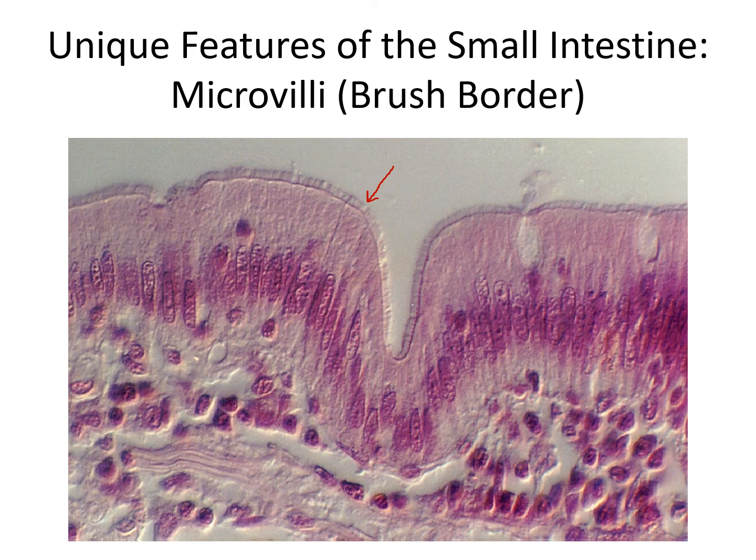And some of the digestion, the last stages of digestion before stuff moves into the cells, occurs in this brush border. So at this point, we have proteins that are broken down into very tiny fragments. They might consist of just 2 or 3 amino acids. Within the brush border, they're broken down into individual amino acids that can be taken up more easily by the cell. So this is the last step of digestion, as I mentioned, before absorption occurs.